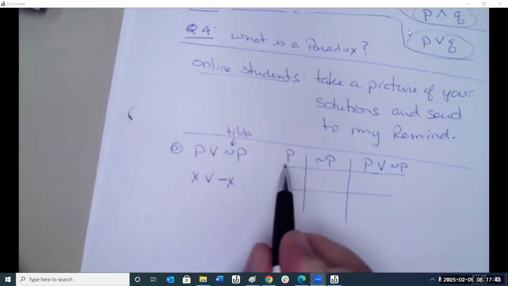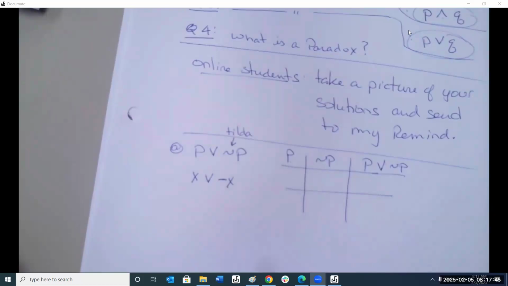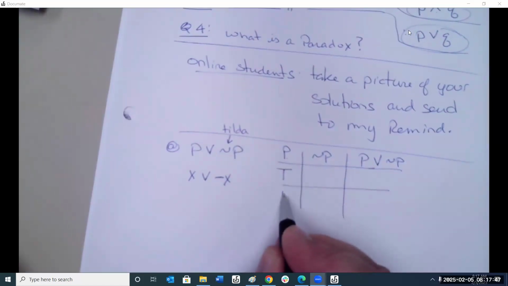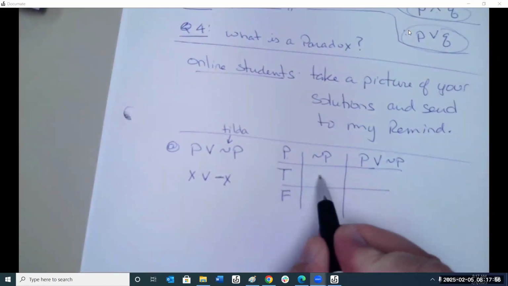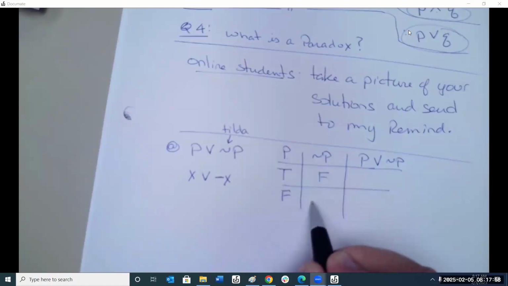So what are the possible outcomes for P? True or false? That's all. So not P would be what in this first one? And the other one?